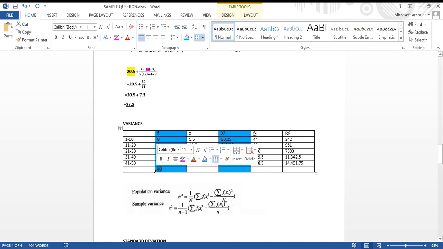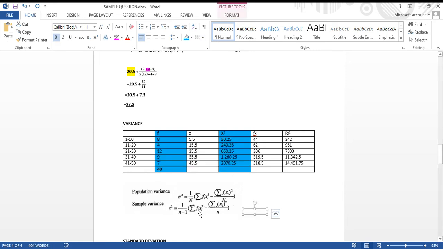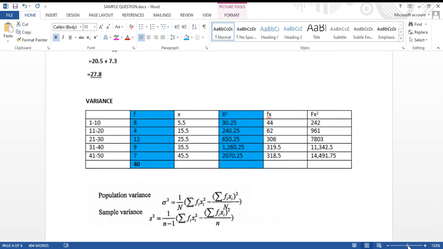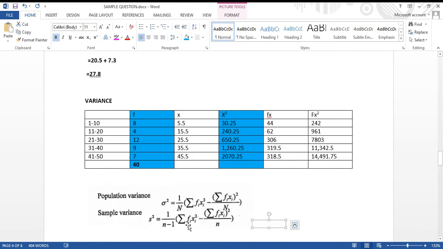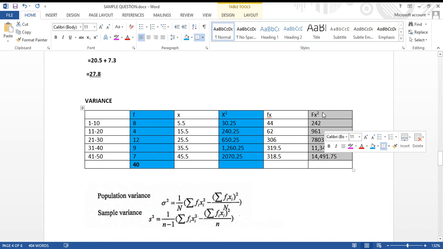And as you can see in the formula for the variance, we have to add up this column where we're multiplying f times x squared. We find the total, that's what we're going to place here. And after we find that total, we're going to have to square it.